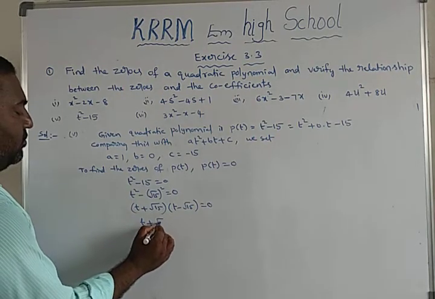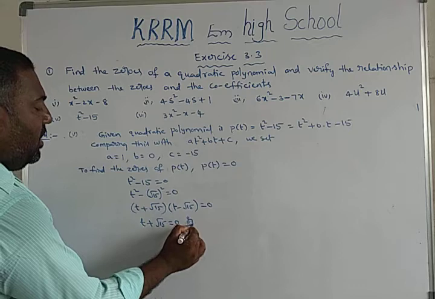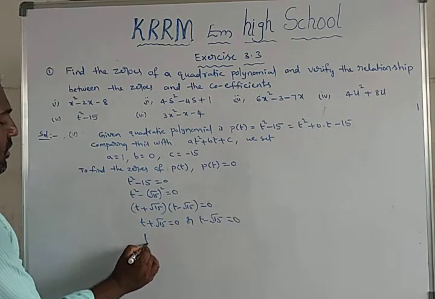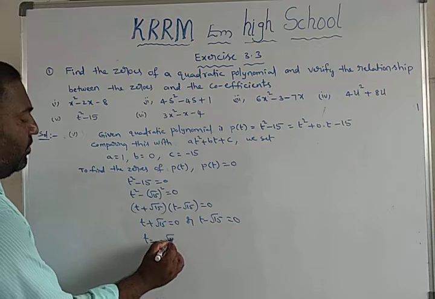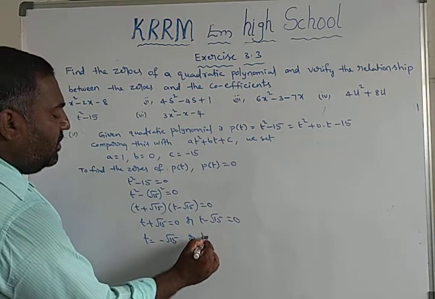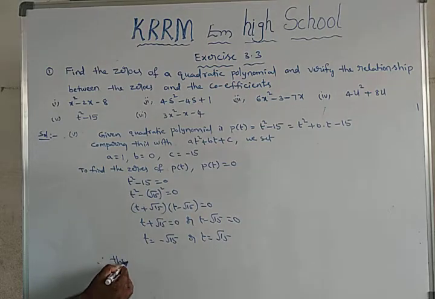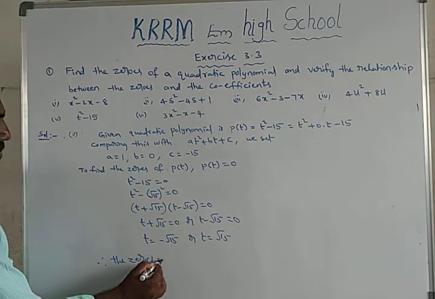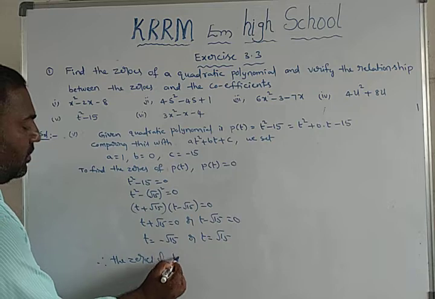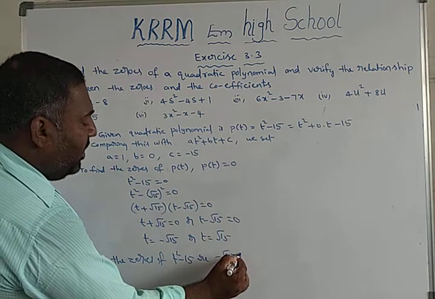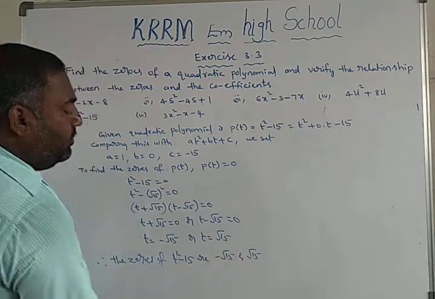So t plus root 15 is equal to 0, or t minus root 15 is equal to 0. So t is equal to minus root 15, or t is equal to root 15. Therefore, the zeros of t square minus 15 are minus root 15 and plus root 15.